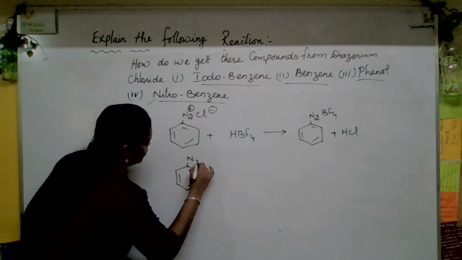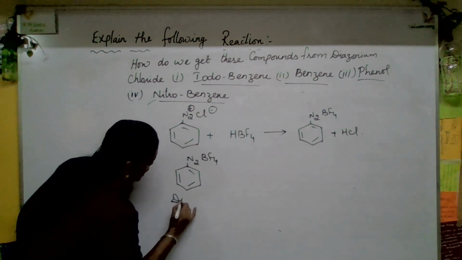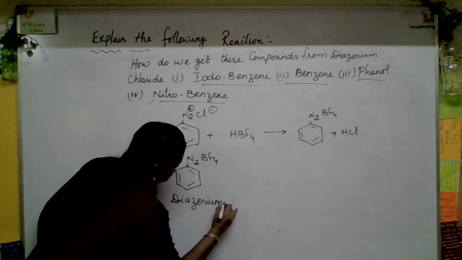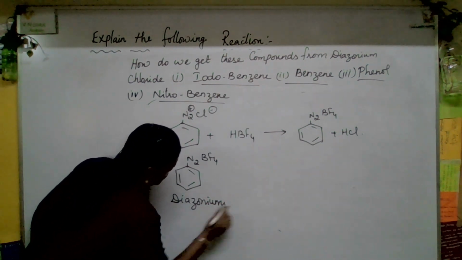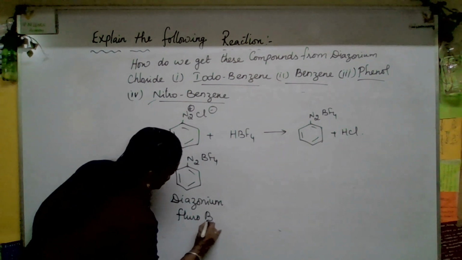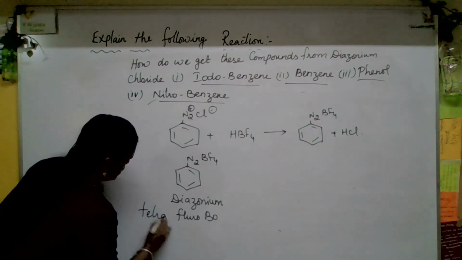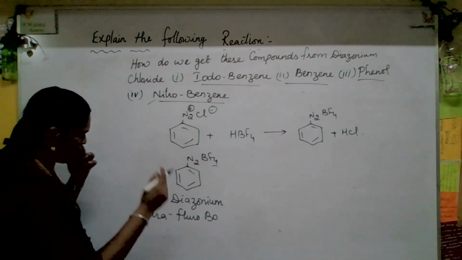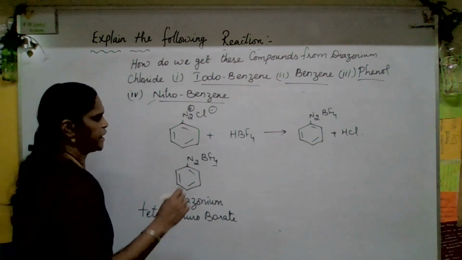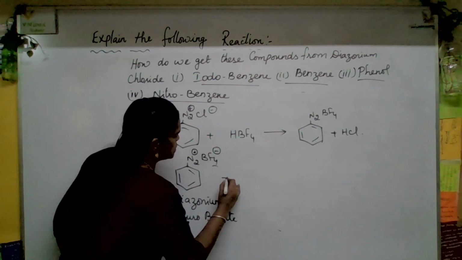It's called diazonium tetrafluoroborate, tetrafluoro because 4 F is there, no? Tetrafluoroborate ion. Now this is plus and this is minus.